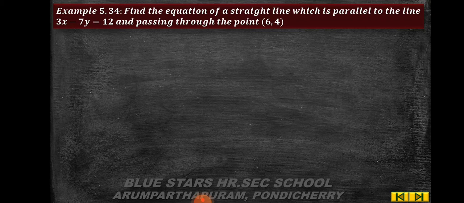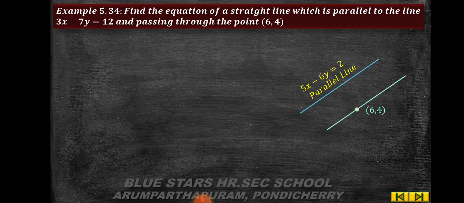Example 5.34. Find the equation of the straight line which is parallel to the line 3x minus 7y is equal to 12 and passing through the point 6, 4. Here you have one line, which is the parallel line, and you have one point 6, 4.